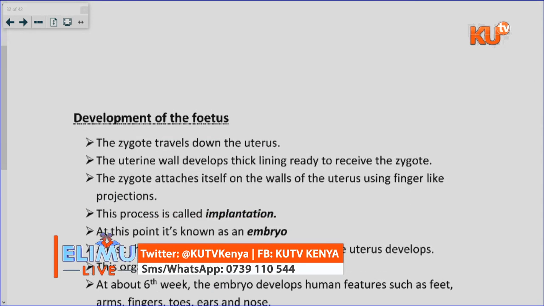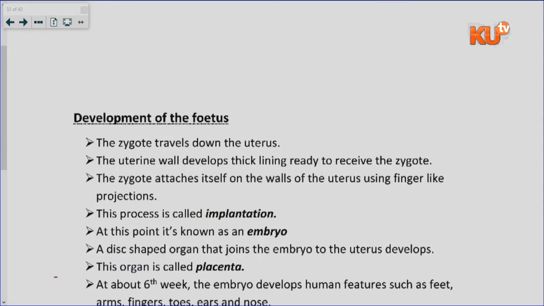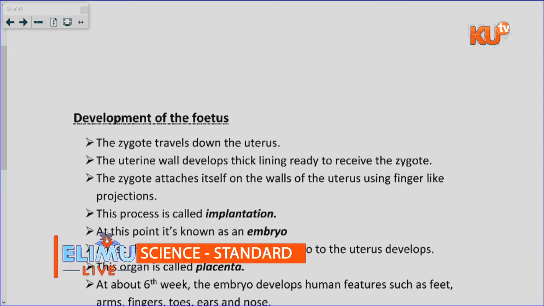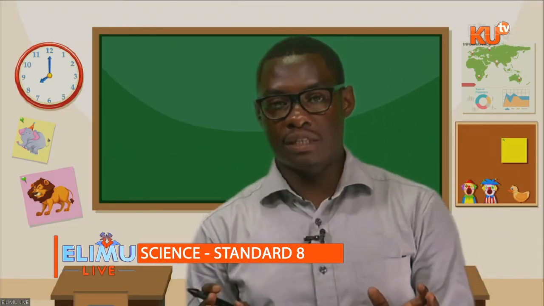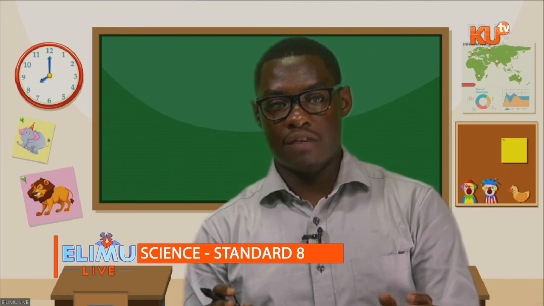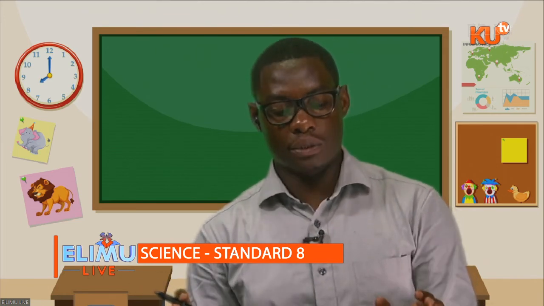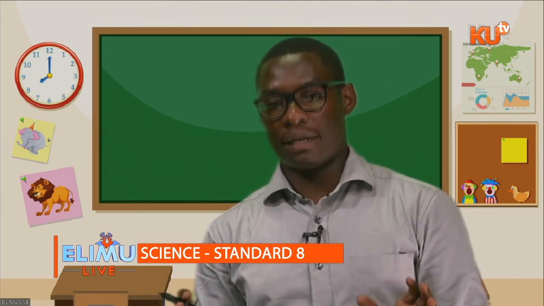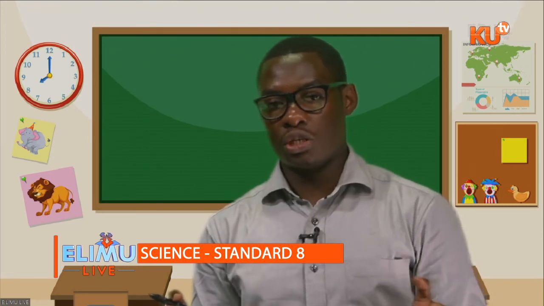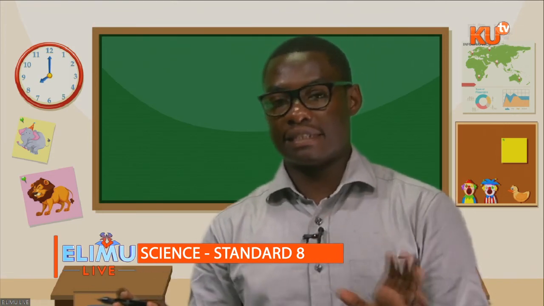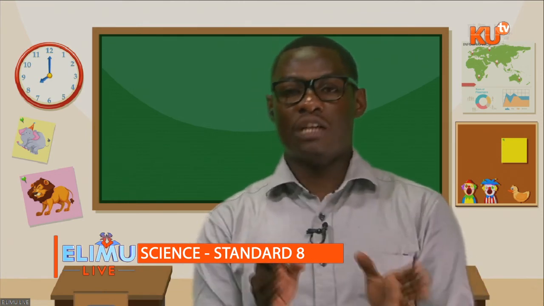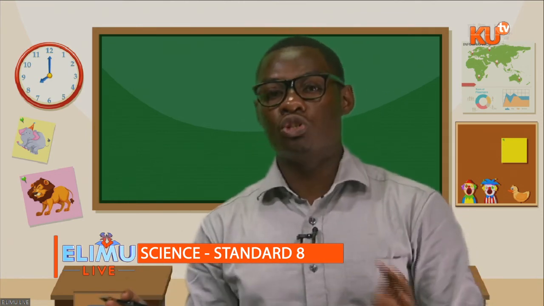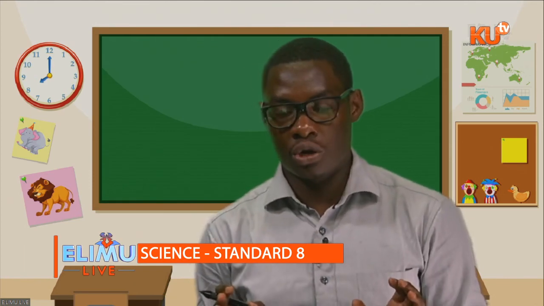After that, the zygote travels down to the uterus, and the uterine wall starts to prepare to receive the zygote by forming thick uterine muscles. Once the zygote reaches the uterus, it gets attached through a process called implantation. Once the zygote gets implanted, it is no longer called a zygote, it is called an embryo.